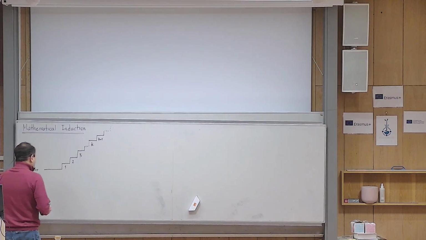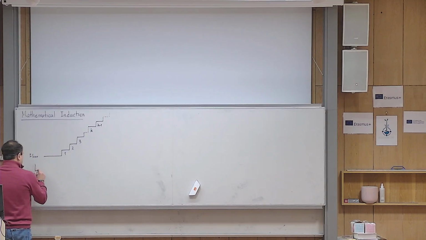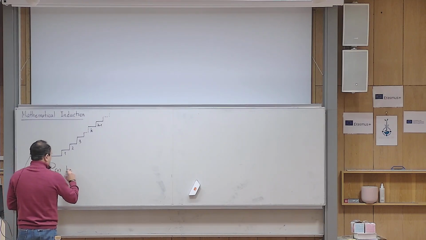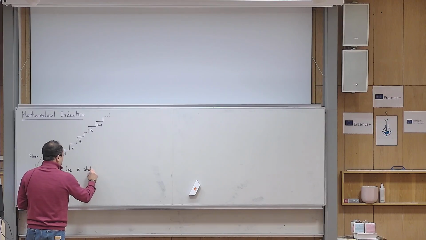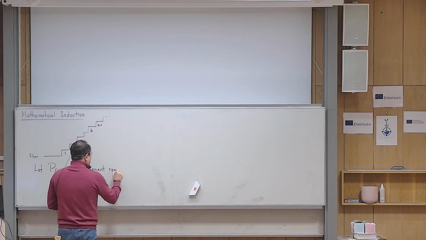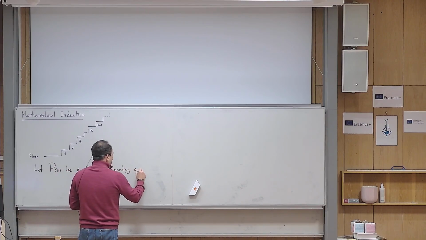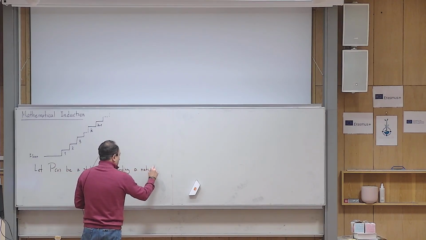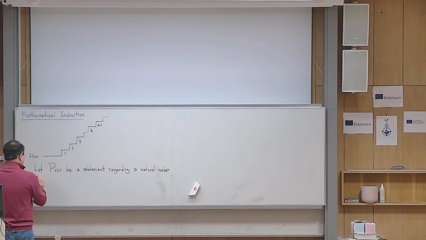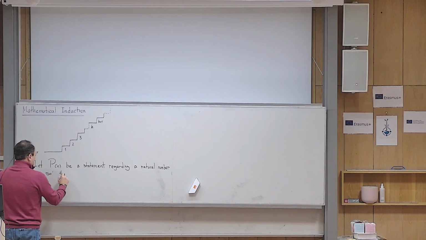So if I want to formalize it, we say that let P of n be a statement regarding a natural number n. Okay.